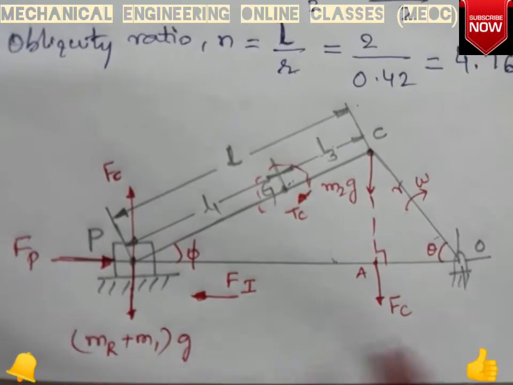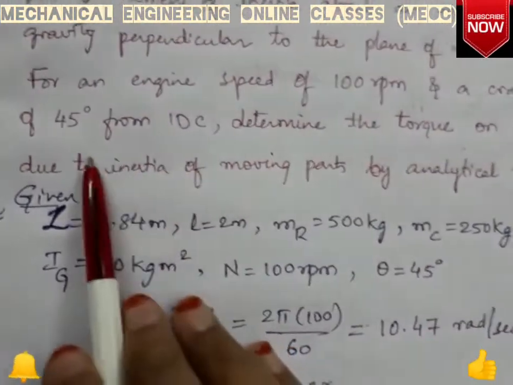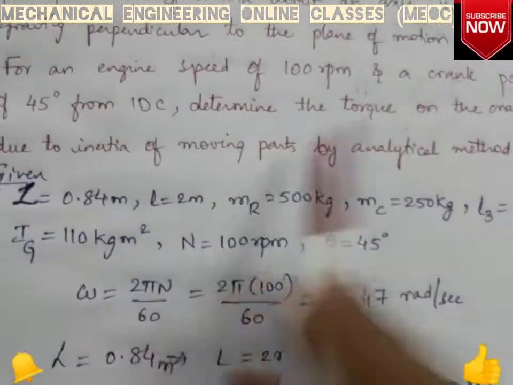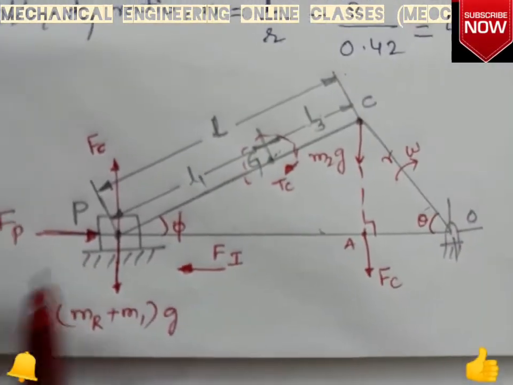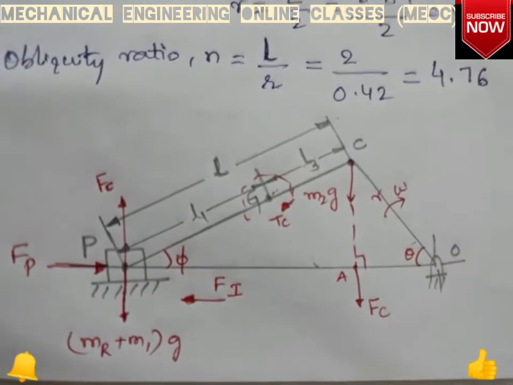We have to find all these forces so that we can find the total torque, because the question is to find the torque on the crankshaft due to all the moving parts: piston, connecting rod, crank, all of these are moving parts. So we have to find these forces, then we have to find the torque.